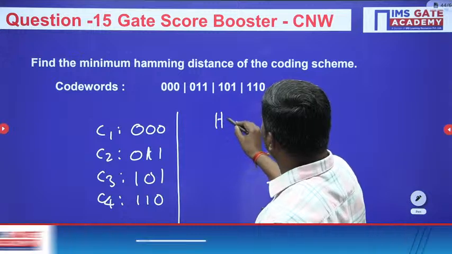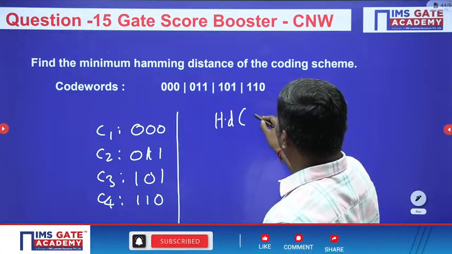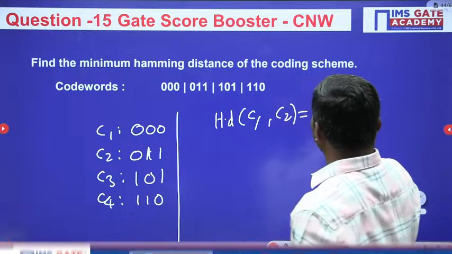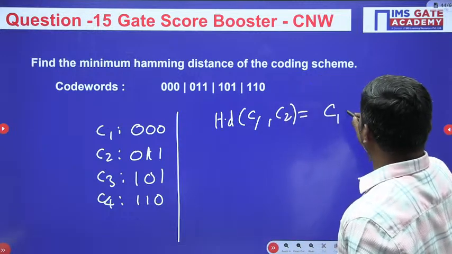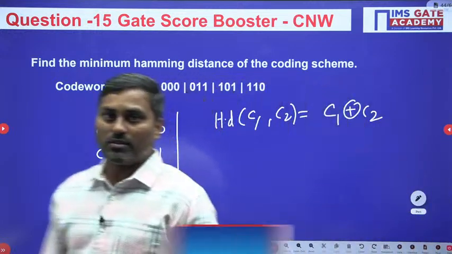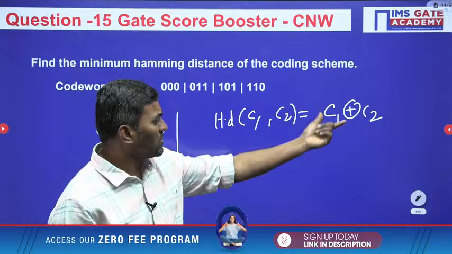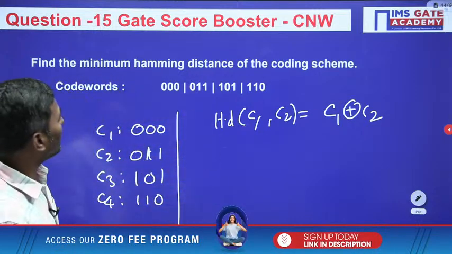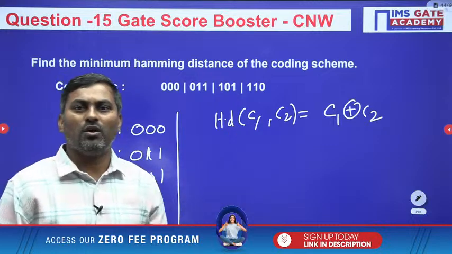I express it as d(C1, C2): do C1 XOR C2, then count the number of ones. That is your Hamming distance. Calculate all the Hamming distances, and whatever the minimum comes out to is your answer.